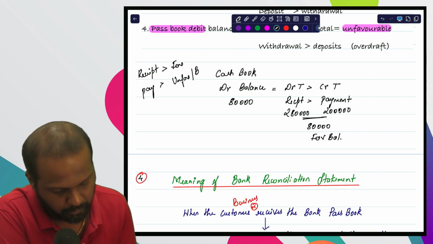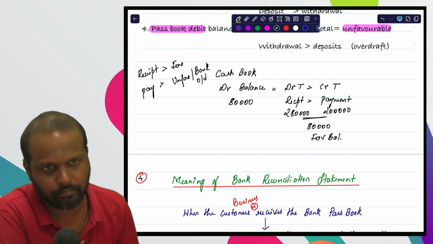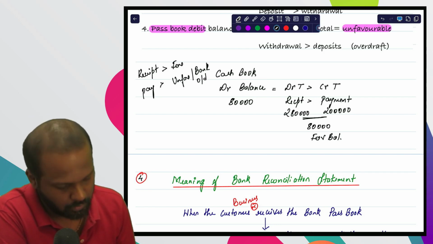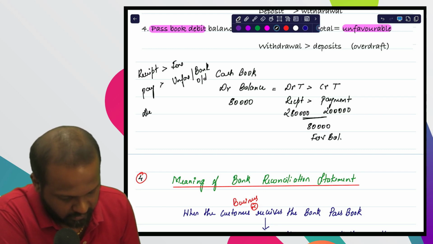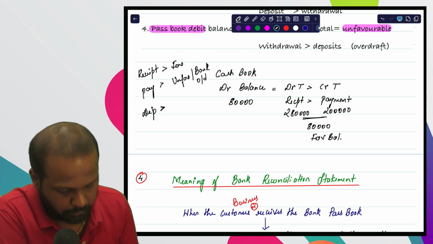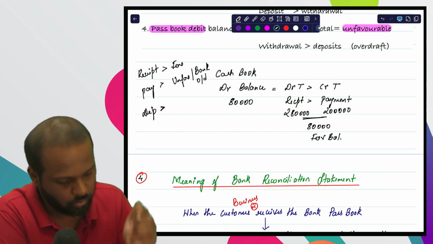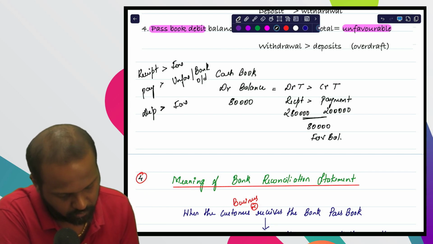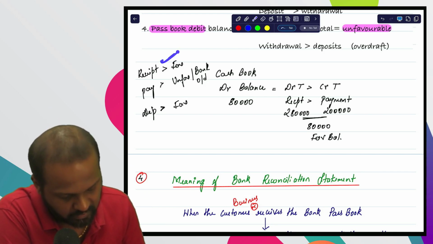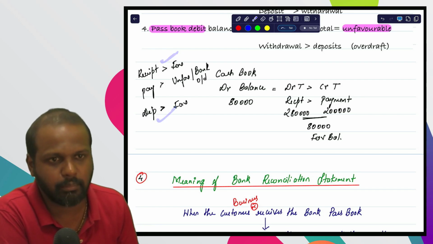Or you can say bank overdraft. Suppose they say deposits are more, money deposited into the bank account is more and withdrawal is less, then also it is favorable. Receipts are more, deposits are more, similar only.